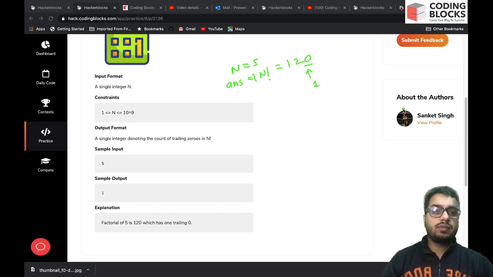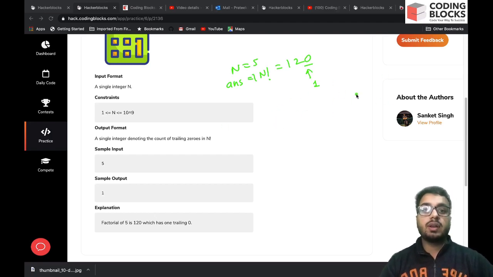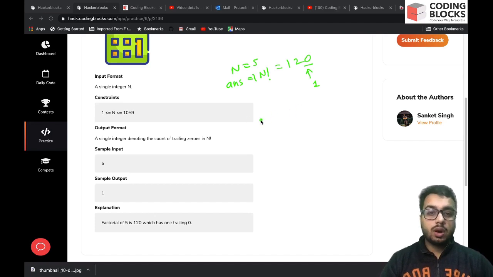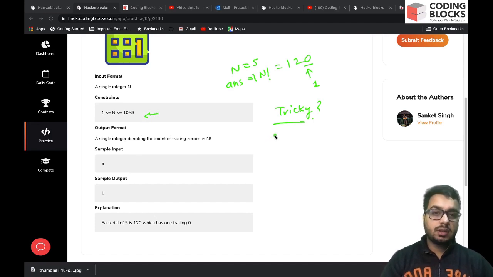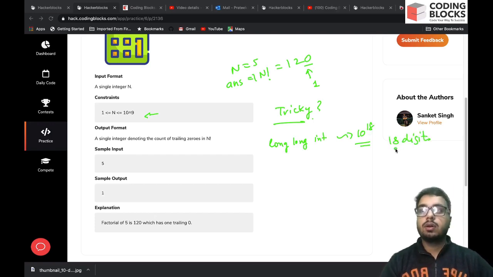And similarly you can have a lot more zeros if the number is large. So what makes this problem tricky is this large value of n. Clearly, to store large factorials we need a lot of digits, and the largest number that we can store in a long int is of the order 10 raised to the power 18, which means we can store at most 18 digits in a long int.